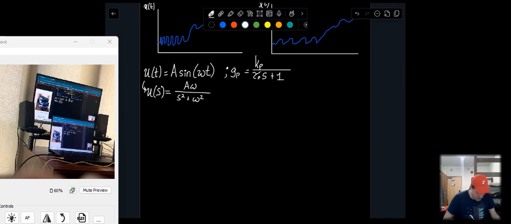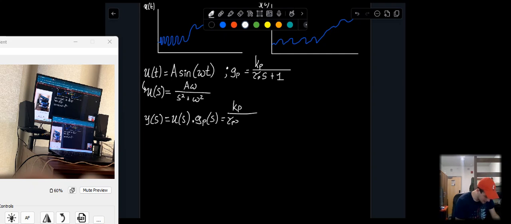Thus, the output Y of s is going to be what? It's going to be our input multiplied by our process gain. So we should have K_P over tau_P s plus 1 times A omega over s squared plus omega squared, right?